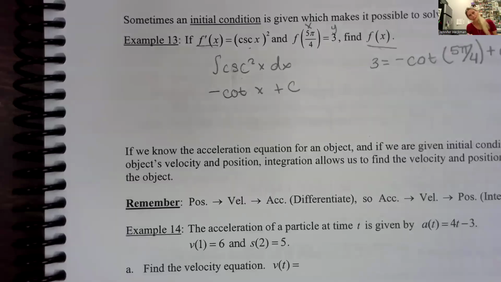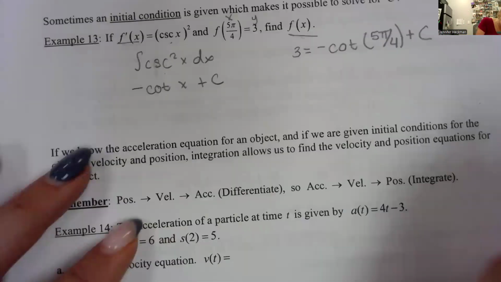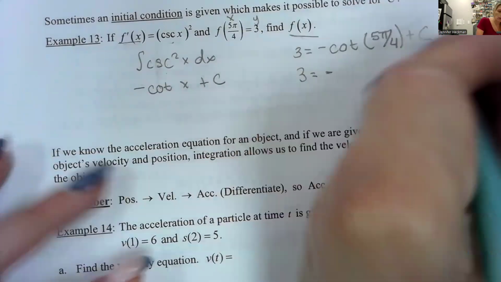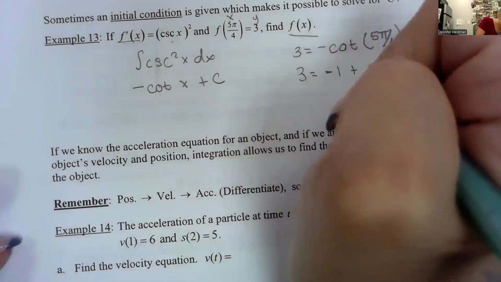Okay, now of course you guys got to do your unit circle. Well, cotangent of 5 pi over 4 is positive 1. So 3 equals negative, and then cotangent 5 pi over 4 again is 1 plus c.